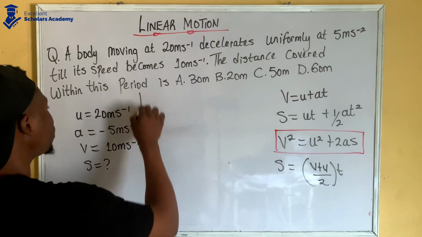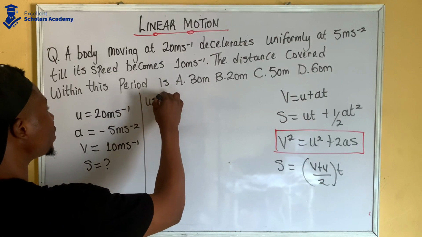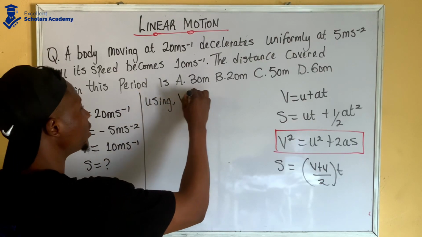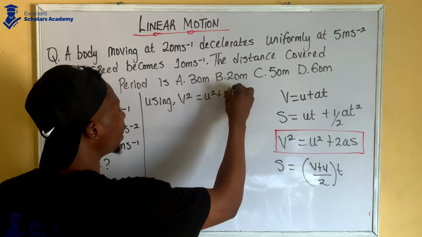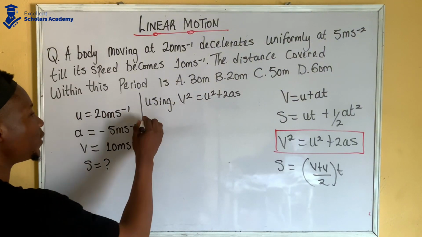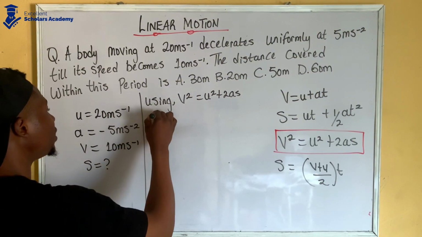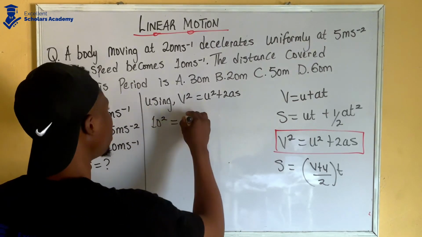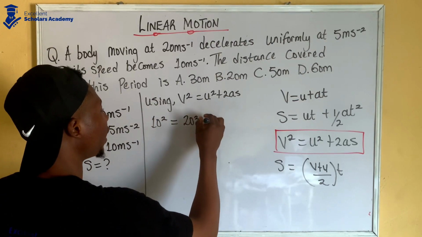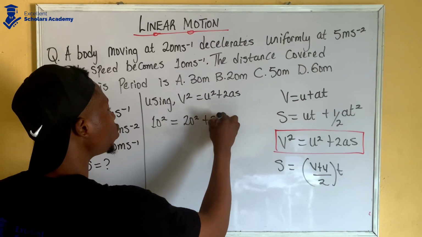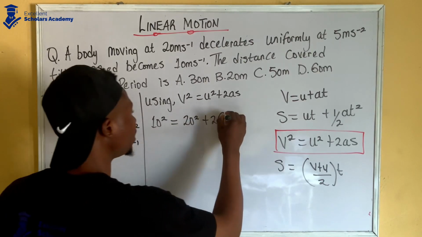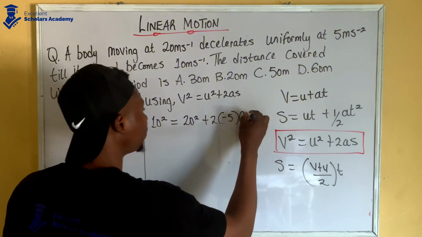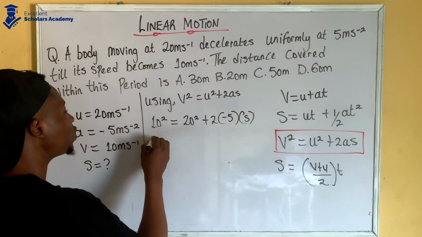So using v squared is equal to u squared plus 2as, we're going to have it that v squared, 10 squared, is equal to u squared, 20 squared, plus 2 into bracket, your a is negative, minus 5, multiplied by s, which you don't know. 10 squared is 10 times 10.